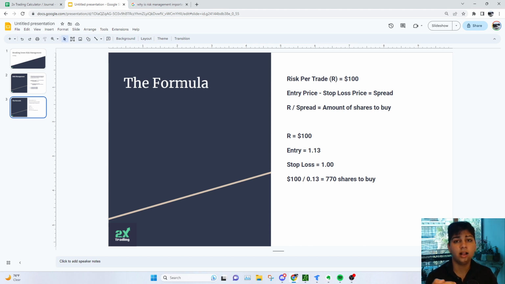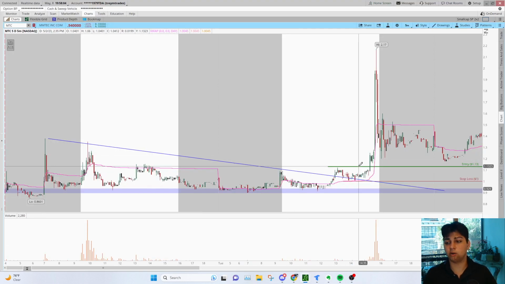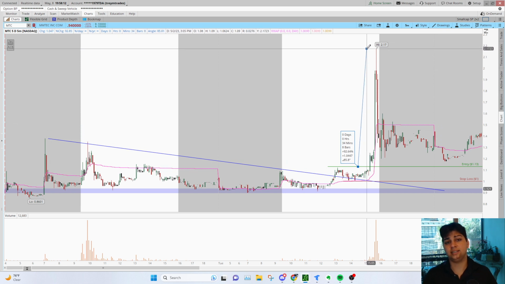Same token though, every 13 cents it goes up after entry is going to be a $100 gain. And these are actually levels we used for a real trade. I'll just pull up the chart for that here. So we took this one here at 1.13 just to give you a visual representation of how risk reward played so well here. We had a stop loss of 1. After we entered, price rallied $1.08 on 13-cent risk.